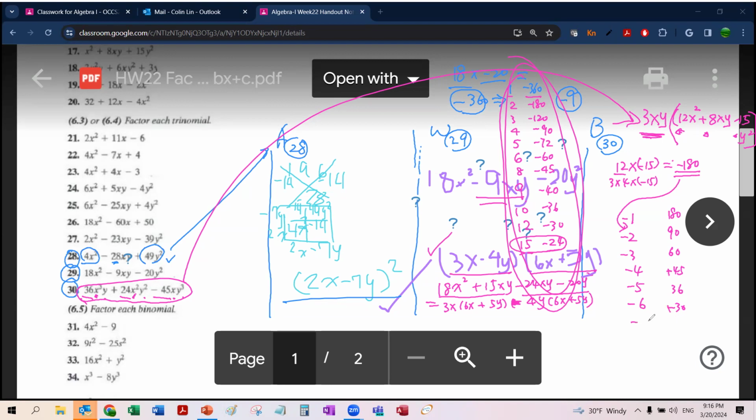And 8, 9, and 20. What about -10? -10, what? What do you find out? The sum of them is 8, right?